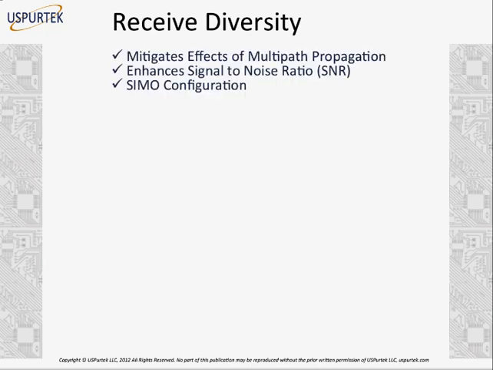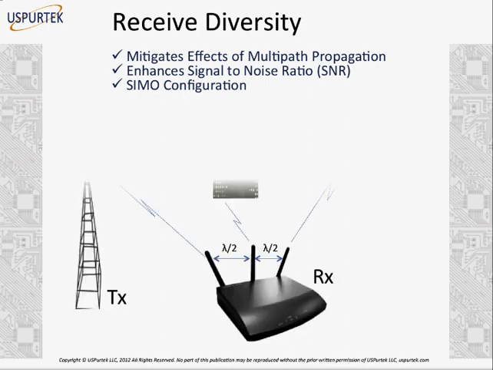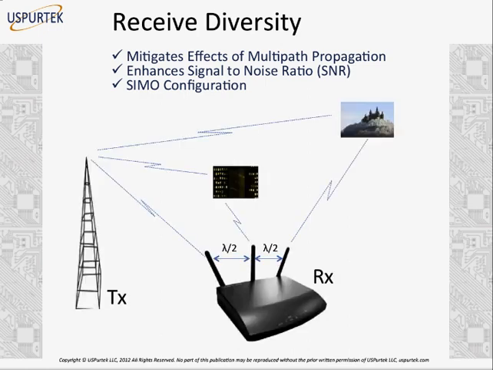Now we come to the basic techniques that we use with MIMO. The first one we take is receive diversity. One solution offered by MIMO is receive antenna diversity. That means deploying multiple antennas on the receiver spaced at least half a wavelength apart and combining the signals from these antennas in such a way that the signal to noise ratio is enhanced at the receiver and the effects of multipath fading and ISI are mitigated.